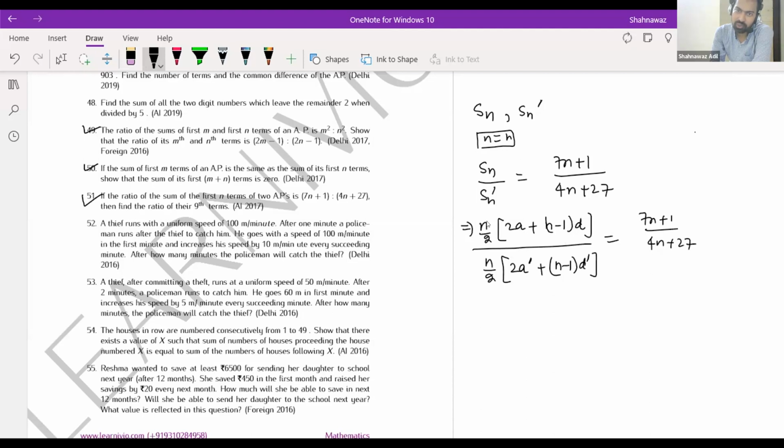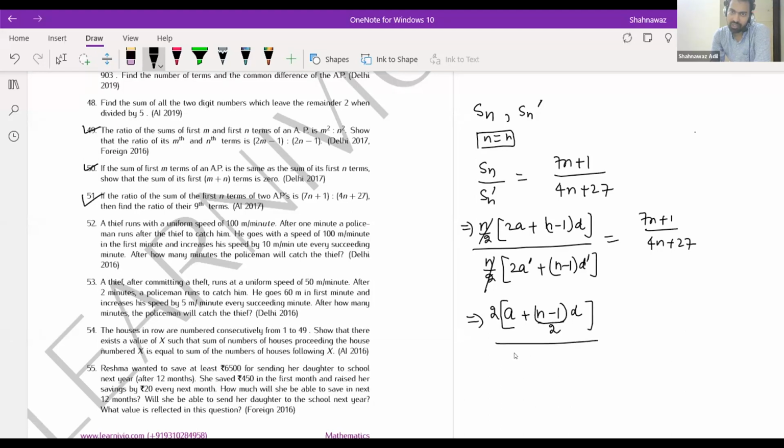So n by 2, n by 2 cancel. Understood, guys? Yes, sir. Now we take 2 common, so this would be a plus (n minus 1) by 2, divided by 2.